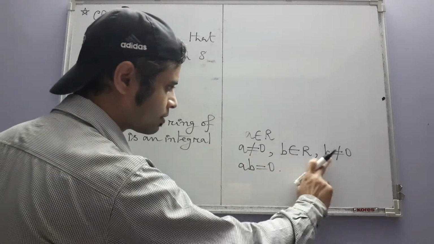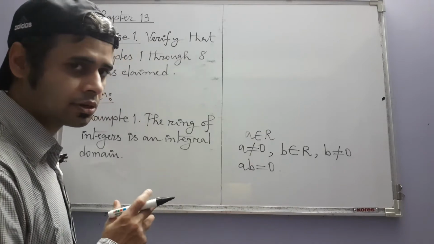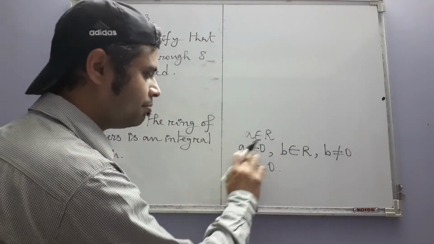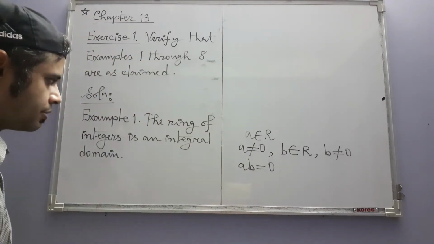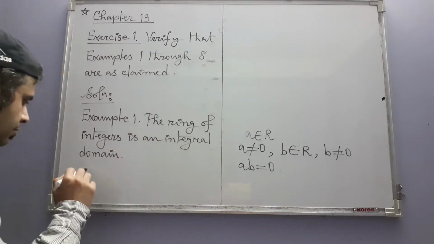Here we are not putting any restriction on B, that B has to be different from A or anything like that. B may or may not be equal to A. So that's an integral domain. Now the ring of integers is an integral domain.